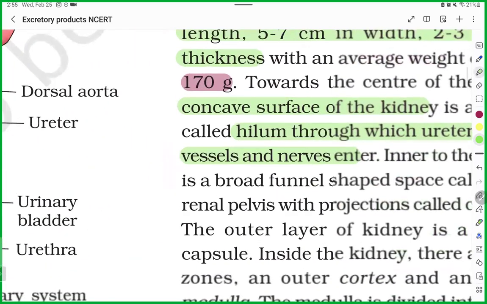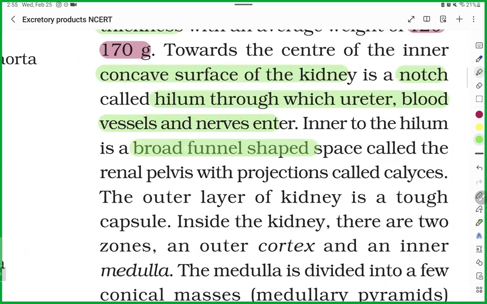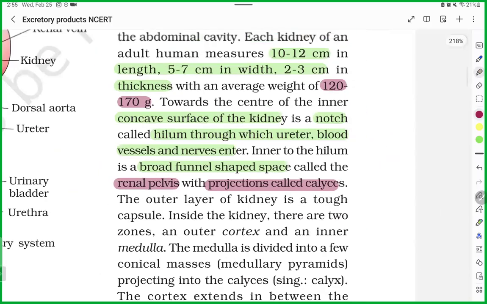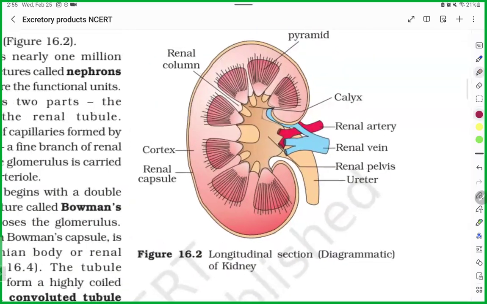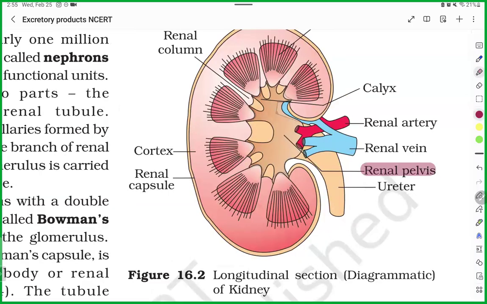Inner to the hilum, there is a broad funnel-shaped space known as renal pelvis with projections called calyces. You can see this diagram here. This broad funnel-shaped structure is the renal pelvis, and this extension are known as calyces, calyx.